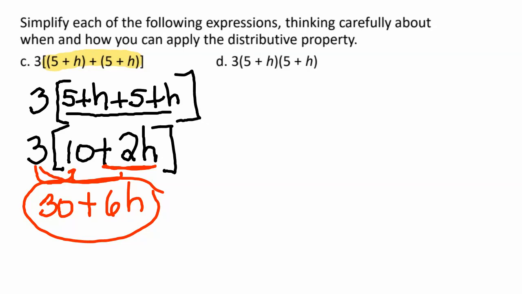Now, D is a little bit different. D has 3 next to this parentheses. Well, that means I am going to distribute the 3 times 5, the 3 times 5, and then the 3 to the H. This will give me 15 plus 3H.